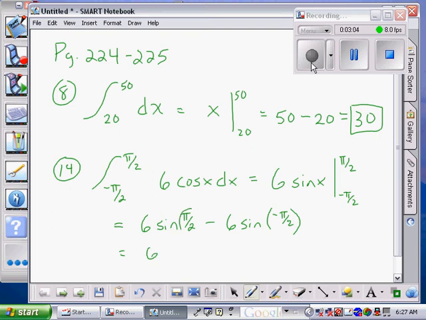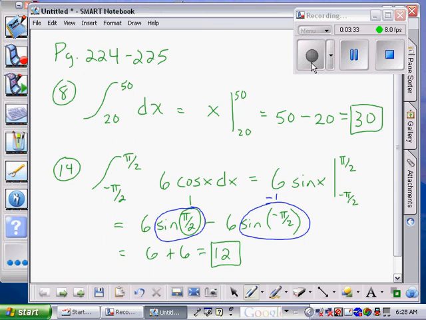What's the sine of negative pi over 2? Negative 1. So that becomes another plus 6, right? And somebody said 12 earlier, and you were correct. Do you have any questions on that one?